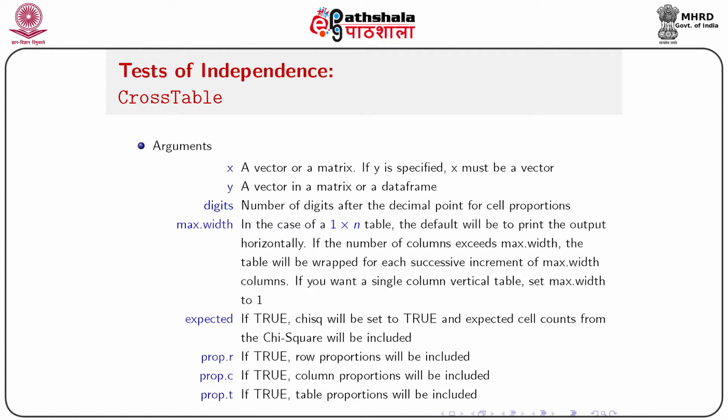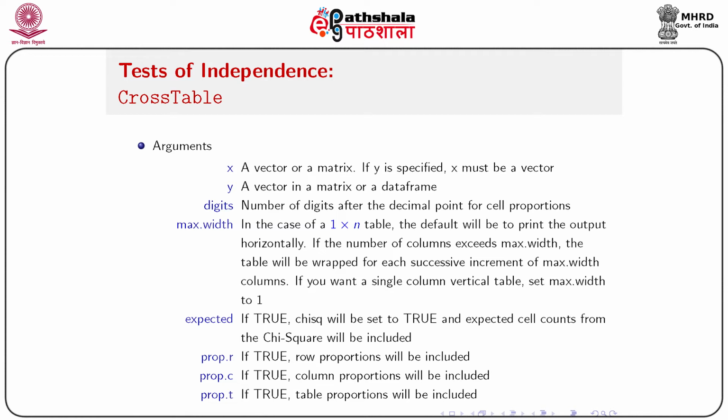And digits, the number of digits after the decimal point of the cell proportions. So for proportions, what would be the significant digits that need to be displayed? Max.width: in the case of a 1 by n table, the default is to print the outcome horizontally. If the number of columns exceeds max.width, the table will be wrapped at each successive increment of max.width columns.